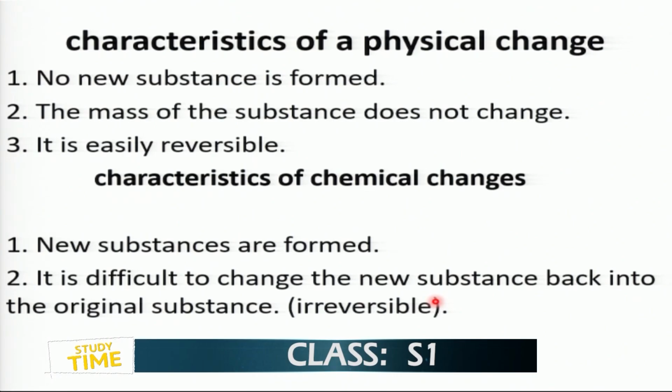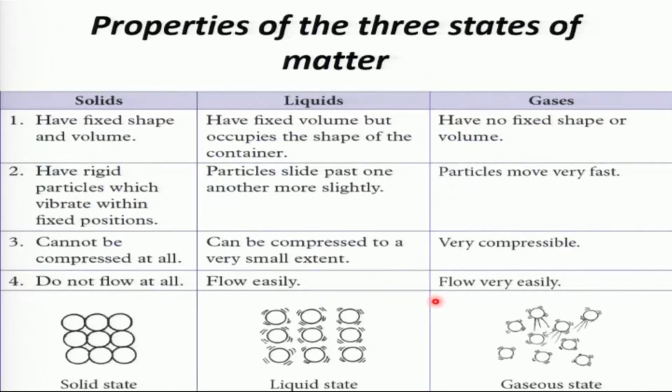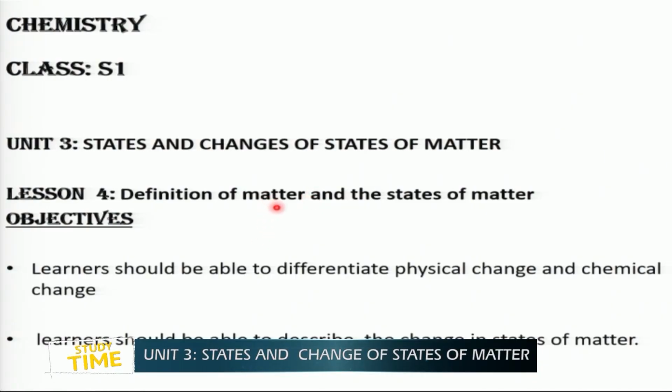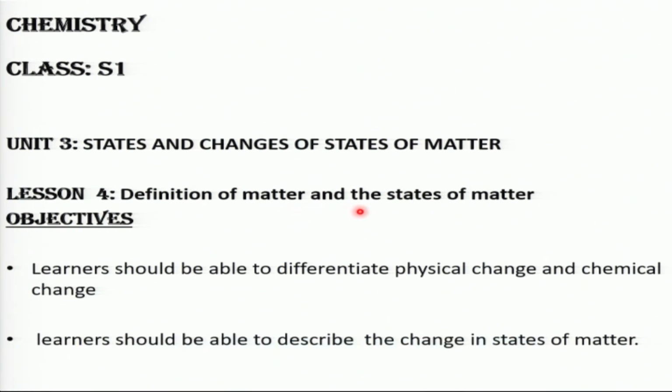So as we had started the topic, we had said that by the end of this lesson, we shall be able to tell the definition of matter. What is matter? Anything that occupies volume and has got mass. The three states of matter: solid, liquid, and gas. So they differentiate physical change and chemical change.